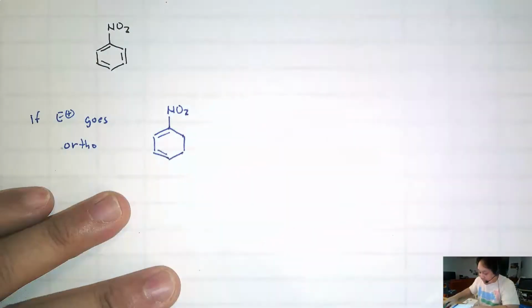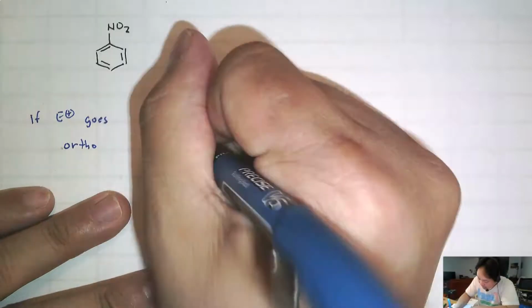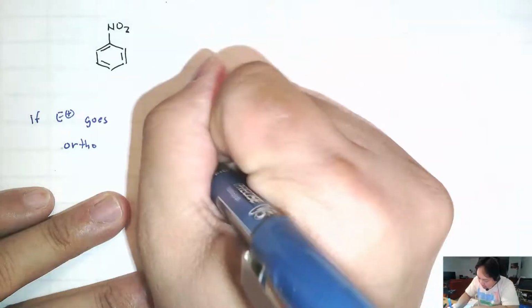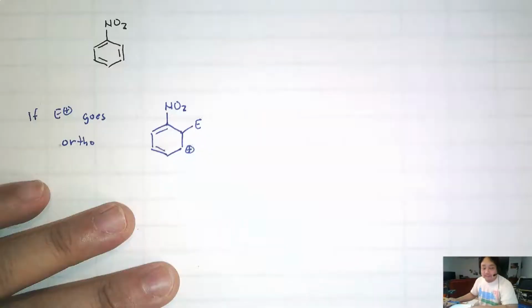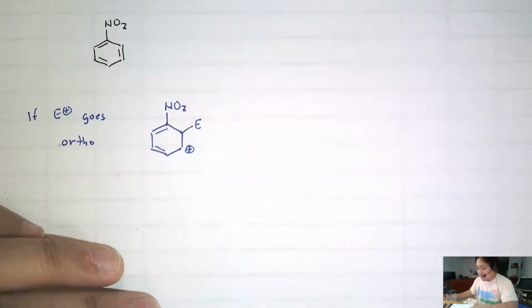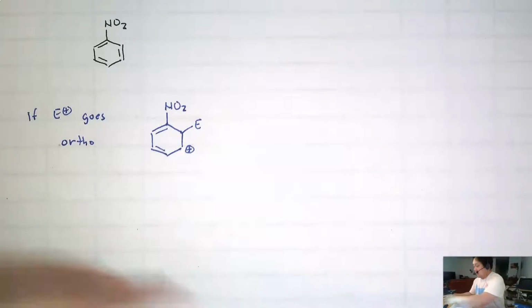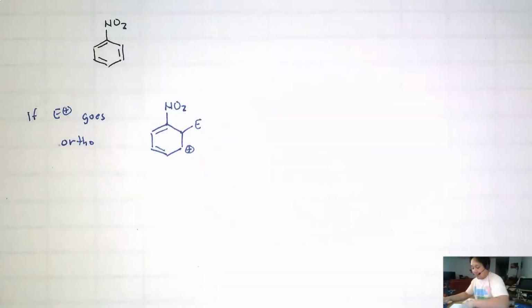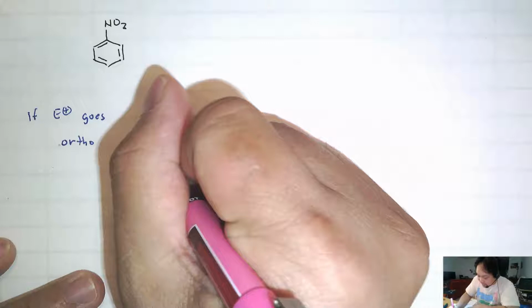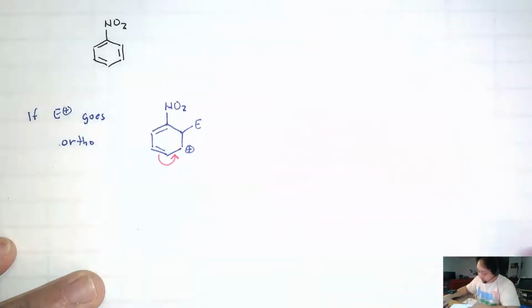If my electrophile E goes here, the plus charge will be on that carbon. You know the task that we have to do. Draw resonance structures.